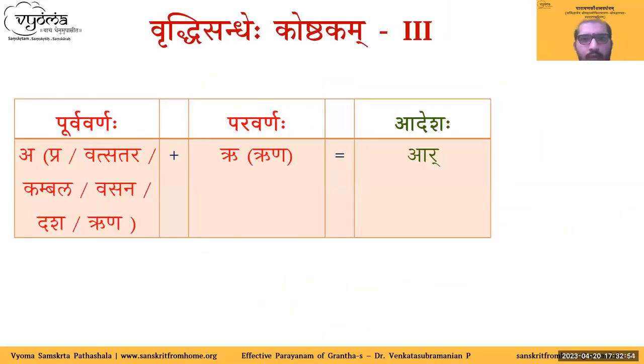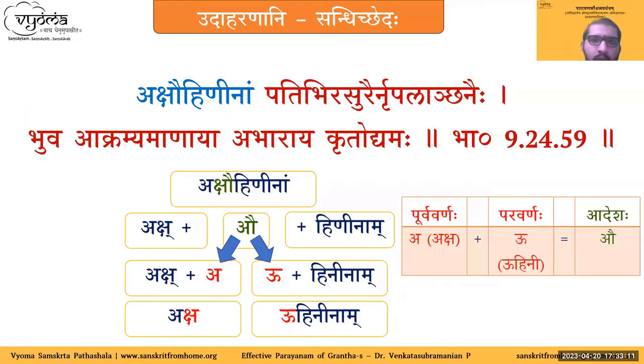Now moving forward to the third. Yes, the previous example, Akshauhinam, occurs only between Aksha and Uhini. It doesn't occur between any other words. Say there is some other word which has the ending letter A, and in front of that there is another word which starts with Ukara.